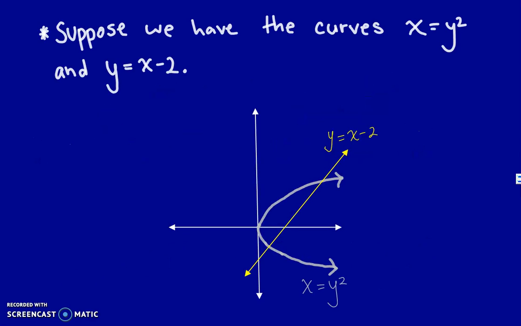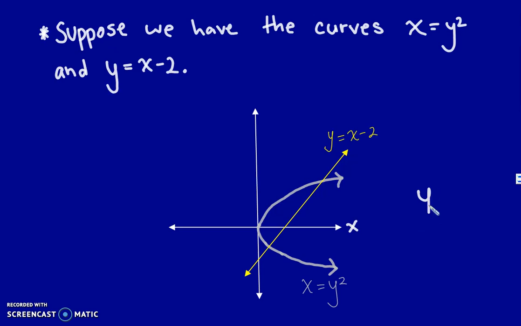Okay, here's another example. Suppose we have the curves x equals y squared and y equals x minus 2. I know I've done these types of problems also. So notice that if we integrate this in terms of x, or with respect to x, first things first, we're going to have to change this to y equals.